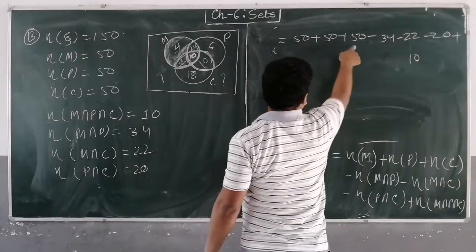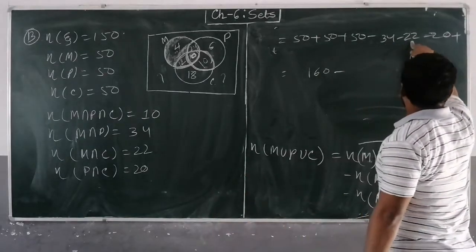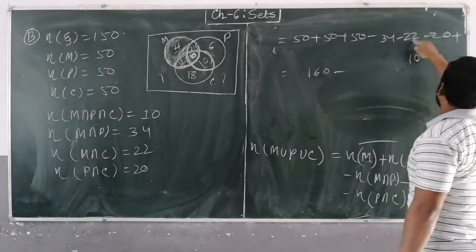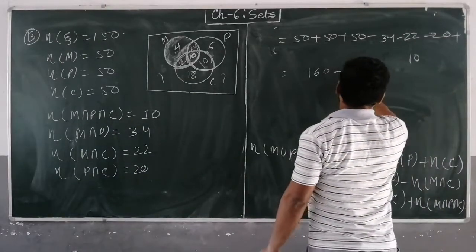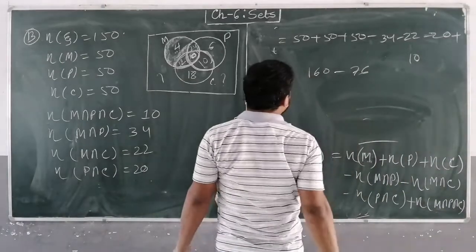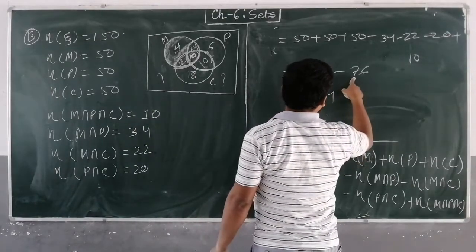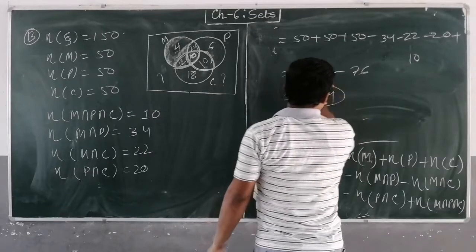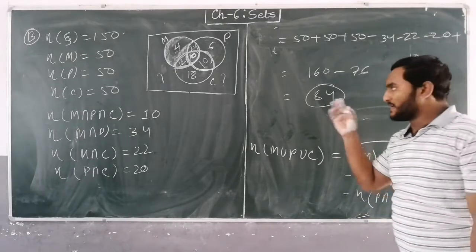So this will be 150 plus 10, that is 160, minus 34 plus 22, that is 56, 56 and 20, that is equal to 76. So that is equal to 84. So 84 students are there who are studying either math or physics or chemistry or both.